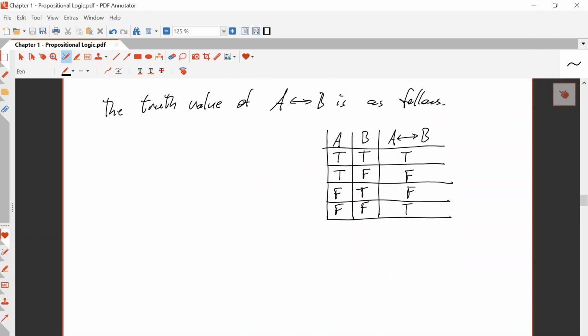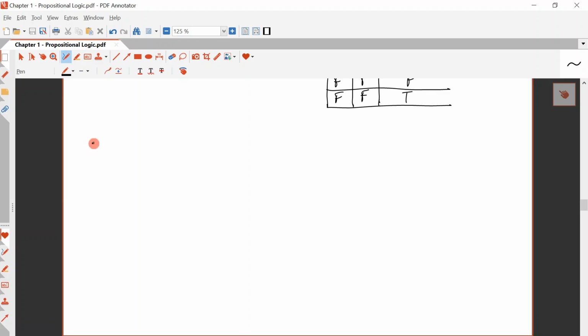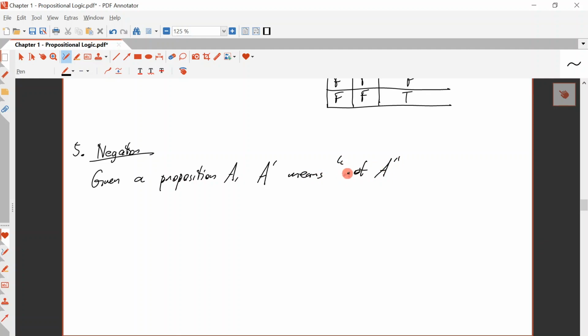And then the last one is called a connector, but it's not really a connector because it only uses one proposition, and that's called negation. So given a proposition A, A not means not A. And the logical value is as follows.